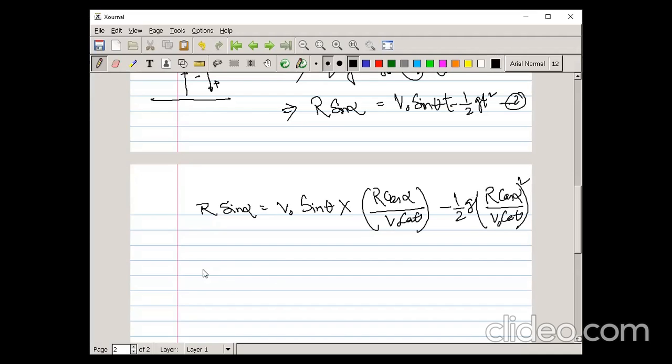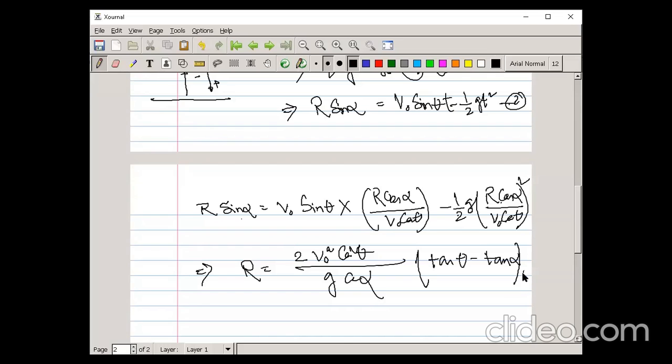If we rearrange, we will get R equal to 2 V0 square cos square theta divided by g cos alpha, into tan theta minus tan alpha.